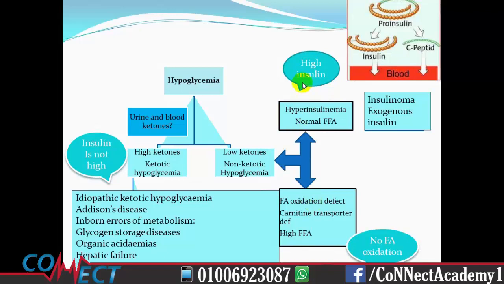Now, the last point we talk about here is how do we know the source of this high insulin? Whether the child is taking extra exogenous insulin or producing extra endogenous insulin. We test for something called the C-peptide. When the source of insulin is endogenous, it's produced in the form of proinsulin. This is inactive insulin.